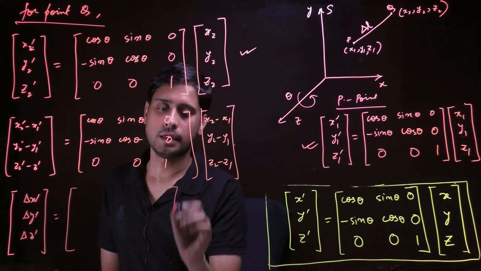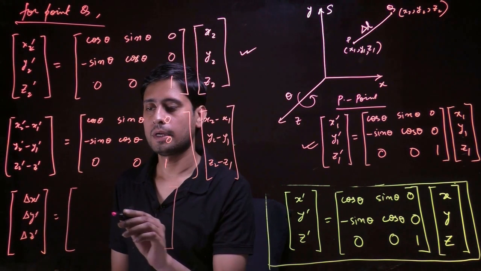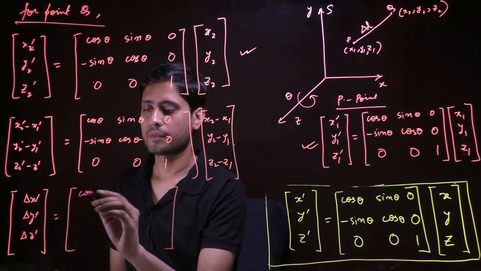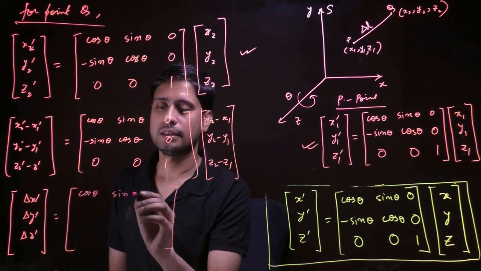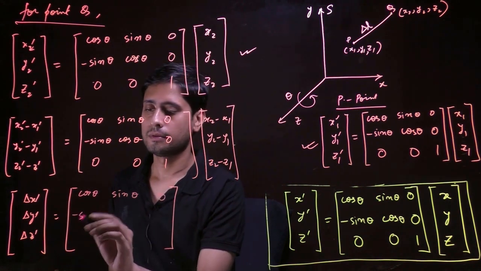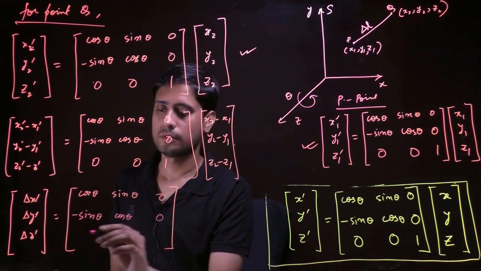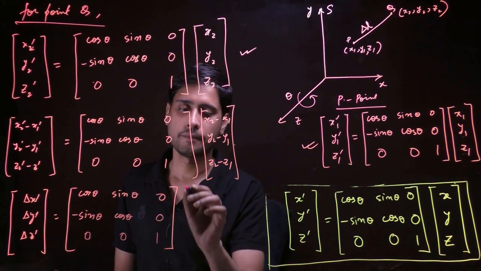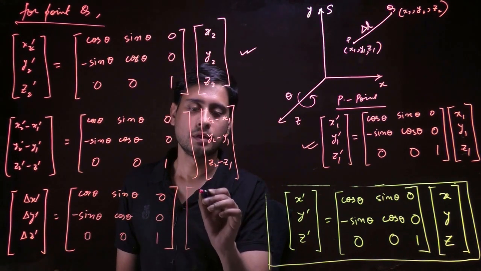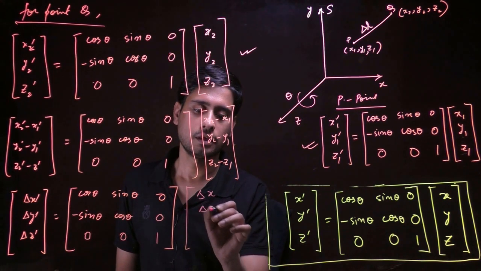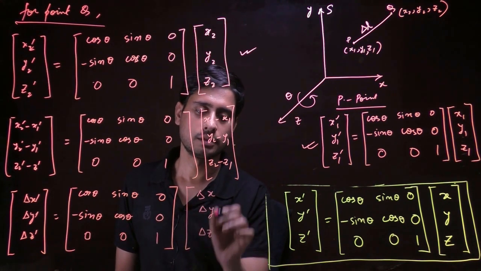The same matrix, we have to write it here: cos theta, sin theta, 0, minus sin theta, cos theta, 0 and 0, 0, 1, and then we have delta x, delta y and delta z.